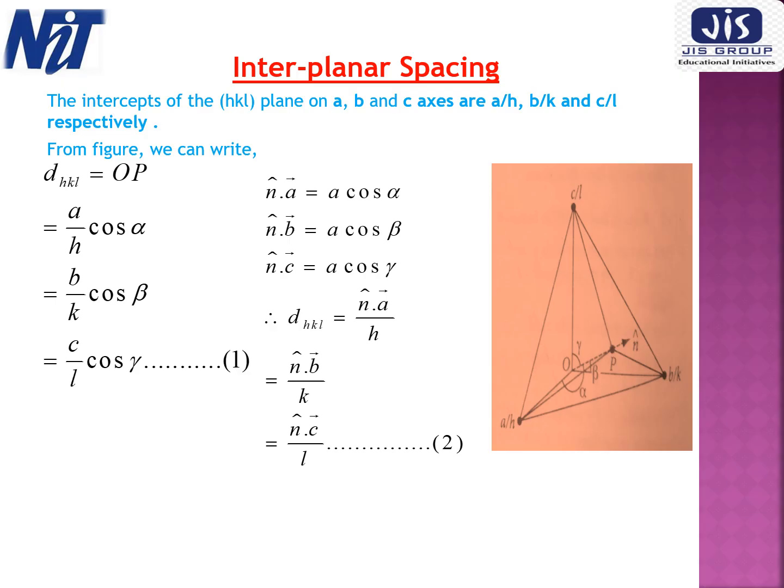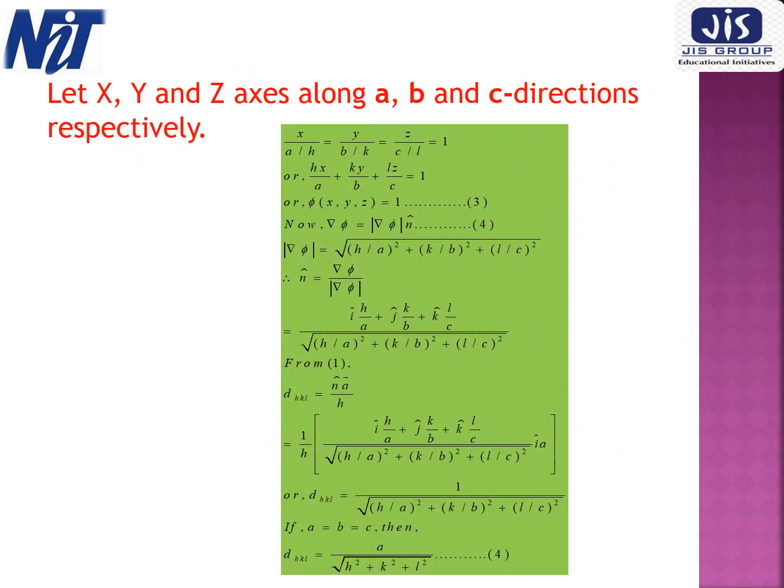Now in any orthogonal lattice, if we take the x, y, z axes along the crystallographic directions a, b, c respectively, then the equation for the HKL plane having the intercepts a by h, b by k and c by l will be written as x by a by h is equal to y by b by k is equal to z by c by l equal to 1.